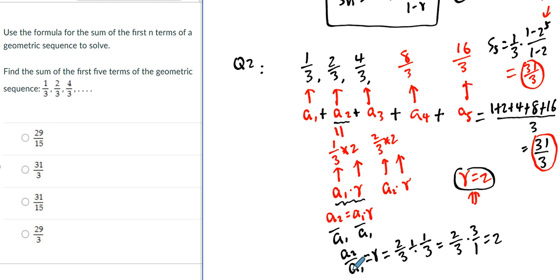That's a common mistake. It's a2 divided by a1. You may try a3 divided by a2. You will flip 2 over 3. And this one is acting at the front. This one is acting at the back.